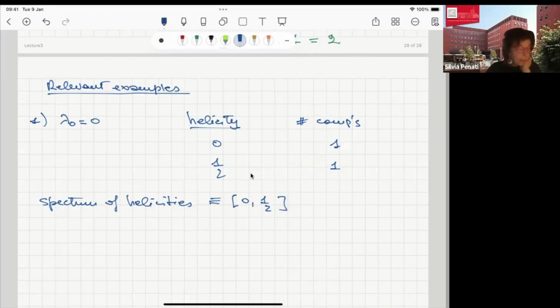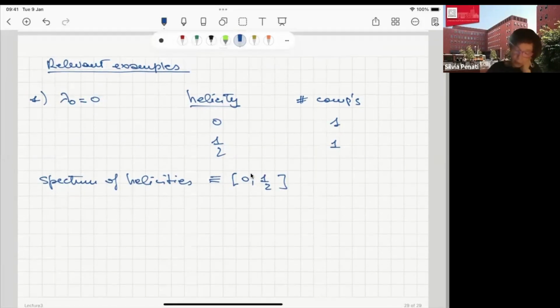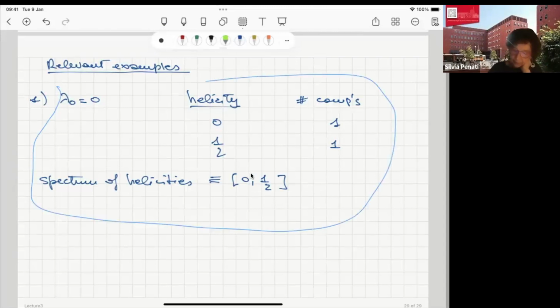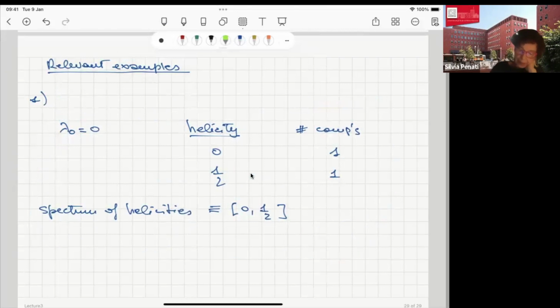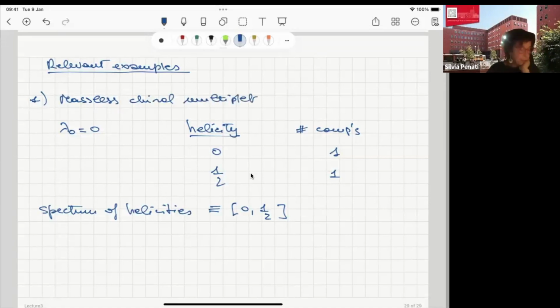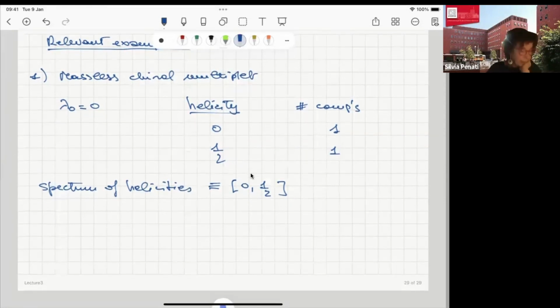This is what we call the massless chiral multiplet representation.